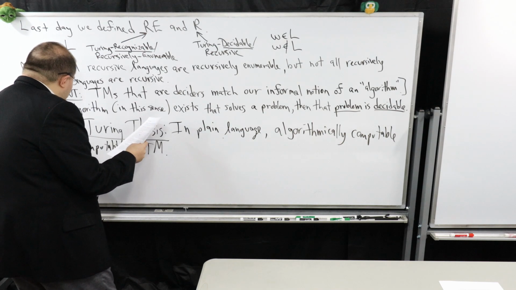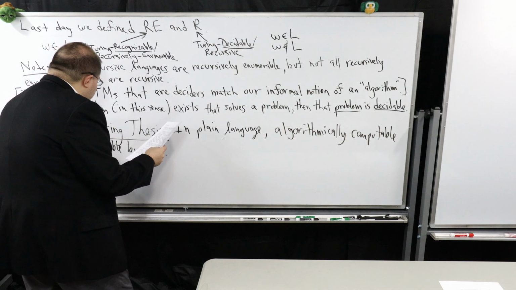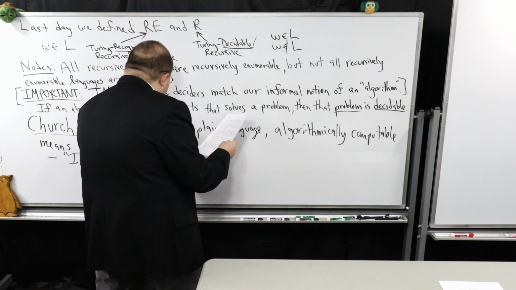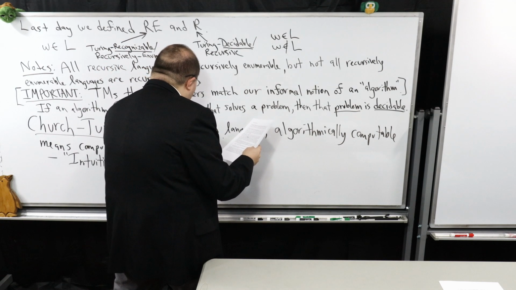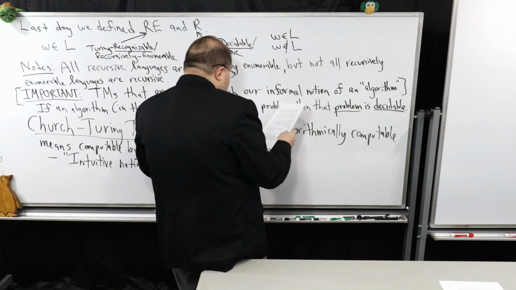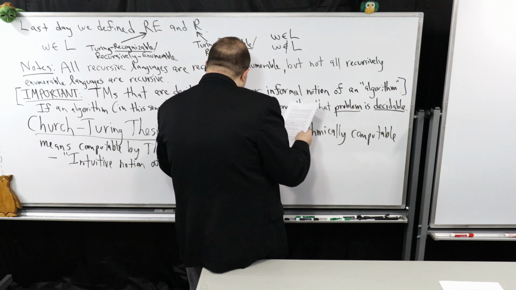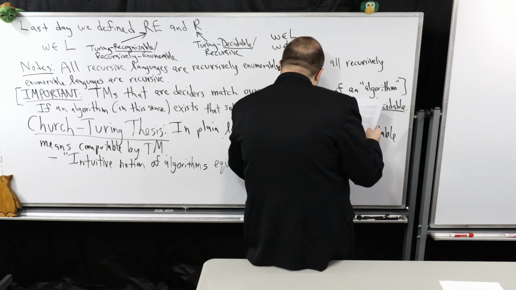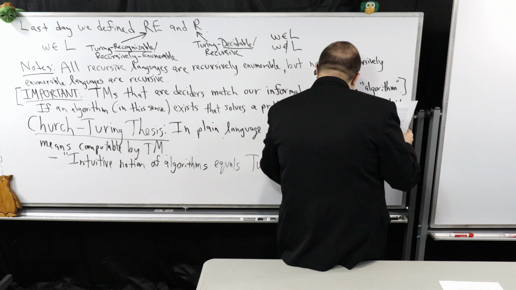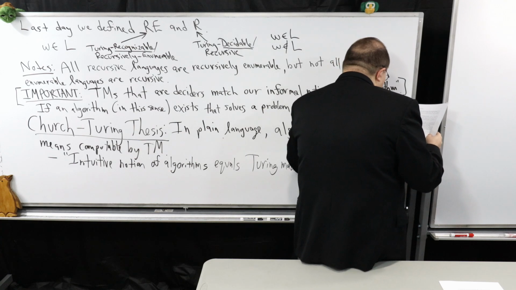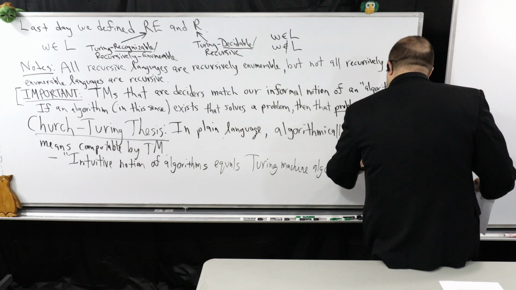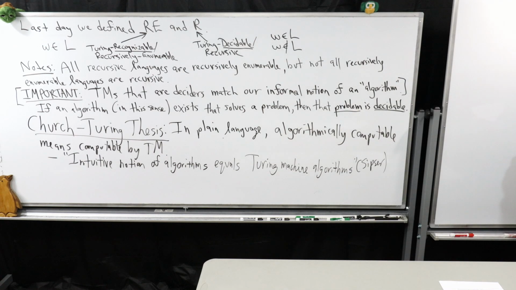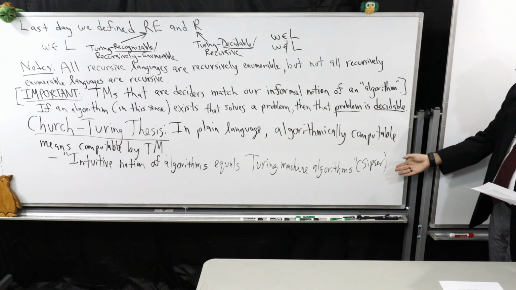The intuitive notion of algorithm, like I've talked about or you've seen before in prior CS classes, equals Turing machine algorithms. This is as stated by Sipser. So that's one way you could think about this.